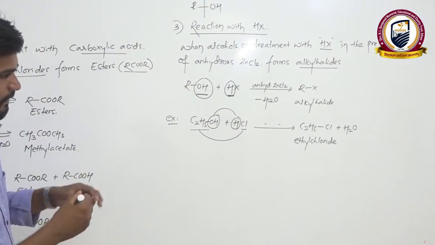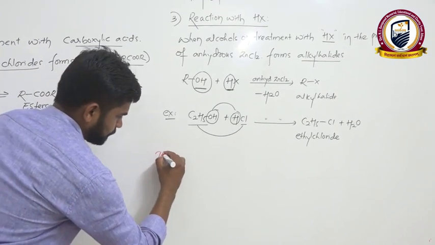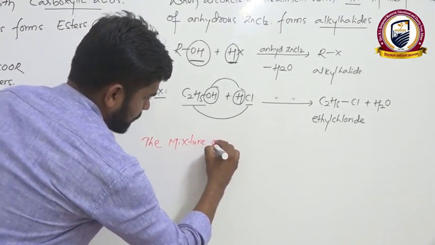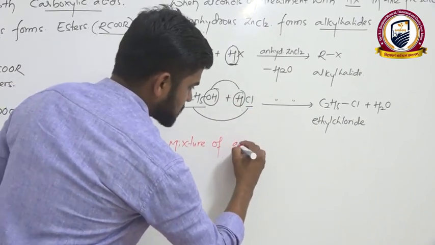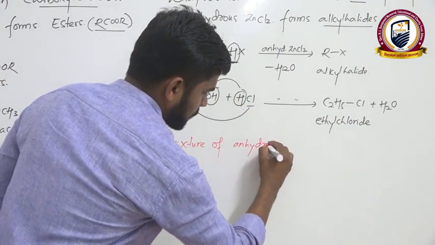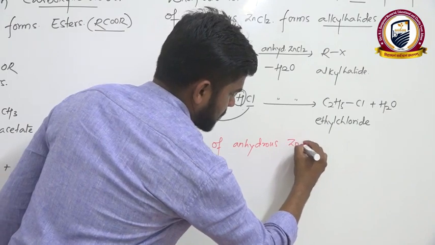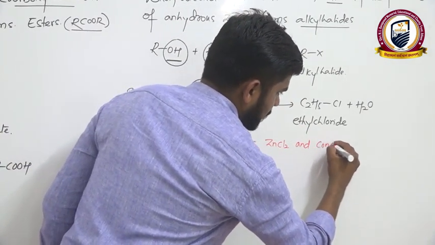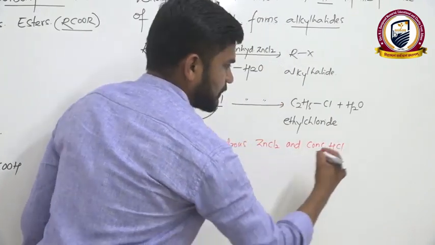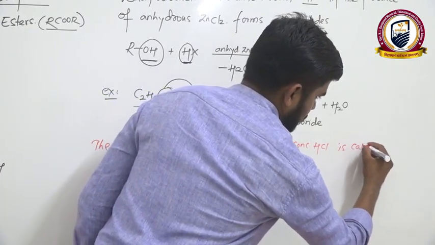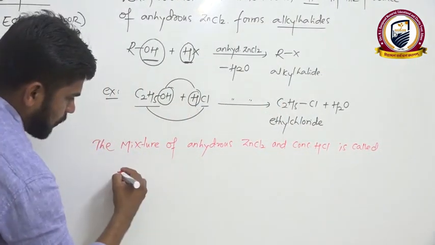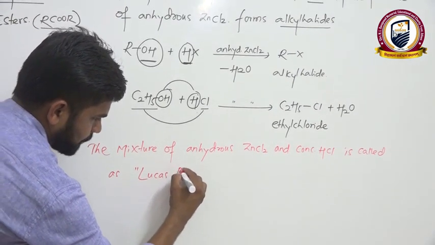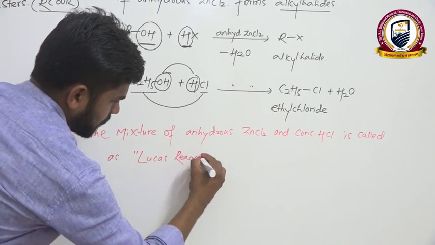So here, the mixture of anhydrous ZnCl2 and concentrated HCl is called Lucas reagent. Right?